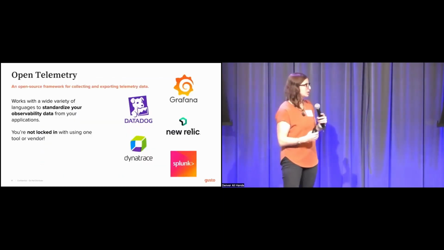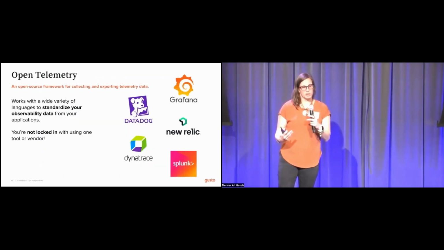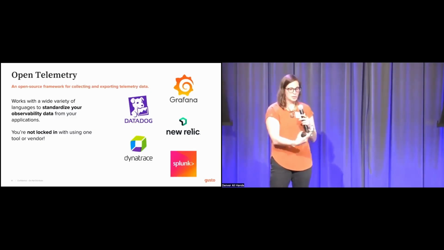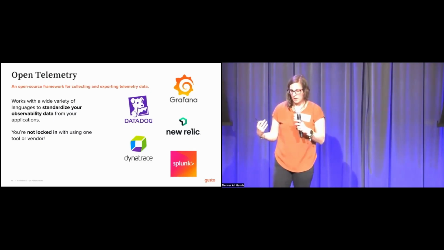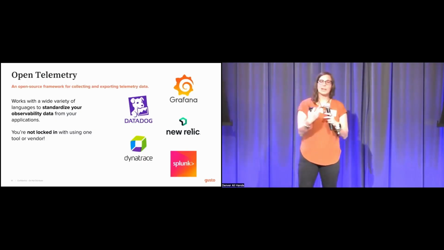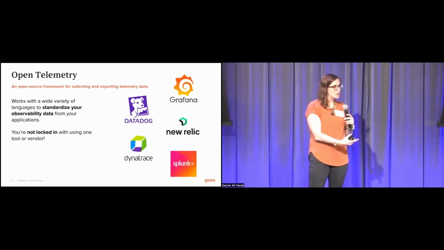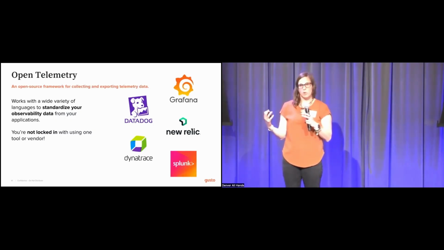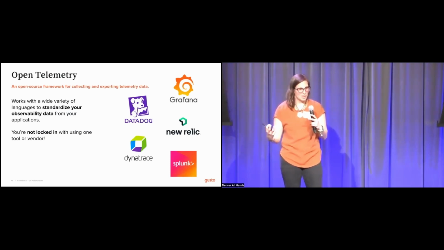OpenTelemetry itself is an open source framework that is used for collecting, exporting, and transmitting your telemetry data. It's really handy because it works with a wide variety of coding languages and frameworks. The main goal of OpenTelemetry, because it's open source, is to standardize that observability data so that we can all speak the same language.